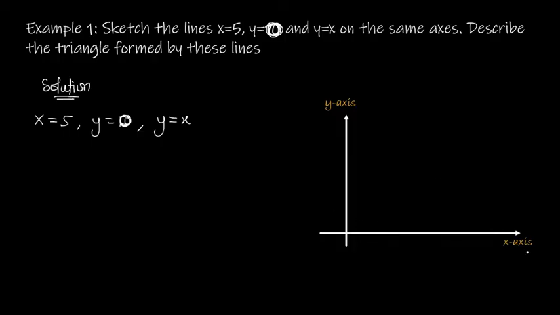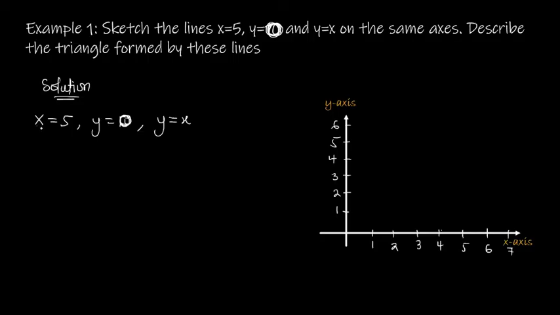So we have our y-axis, we have our x-axis. So let me label it. So this is 1, 2, 3, 4, 5, 6, and 7. This is 1, 2, 3, 4, 5, and 6.